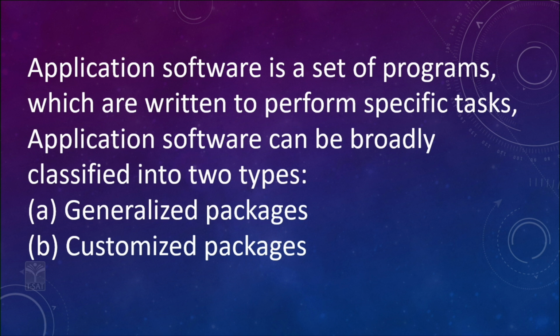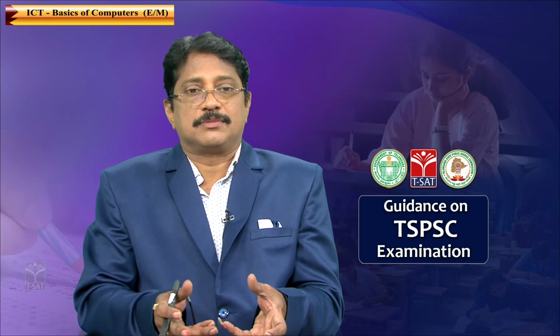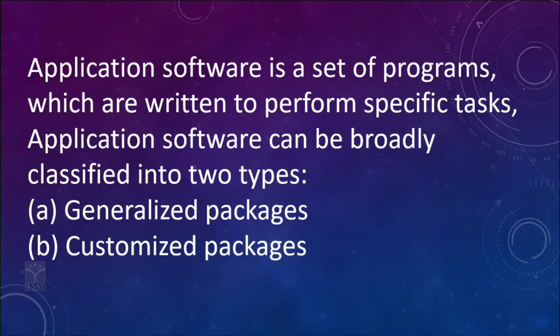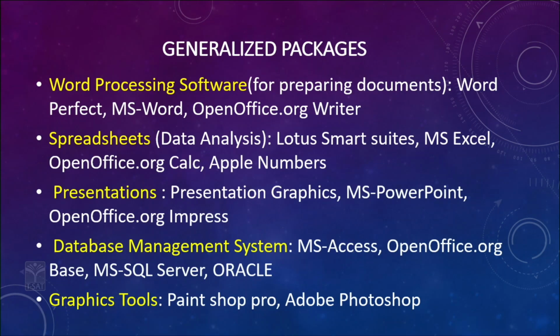The previous one is general, to run the computer, which has to perform various tasks given by the user, but with application software the computer has to perform a specific task, that is very important. Application software is of two kinds, one is generalized packages, the second is customized packages. Now we will see what the generalized packages are and what comes under the customized packages.